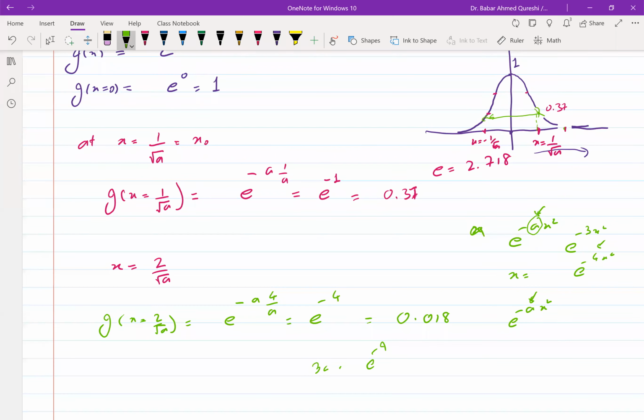Beyond that, if you double this value, you have decreased the function by a huge amount. It's like 0.018 of the original value is only left. So this variable here tells you how broad this function is.